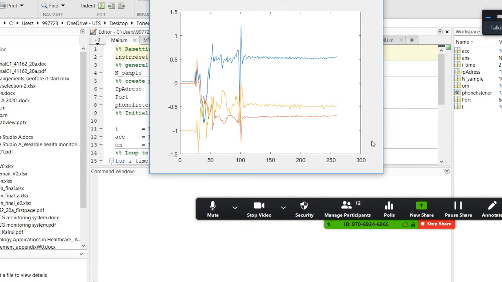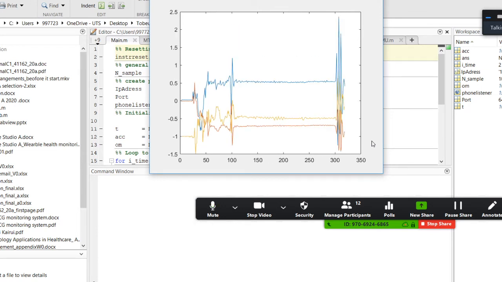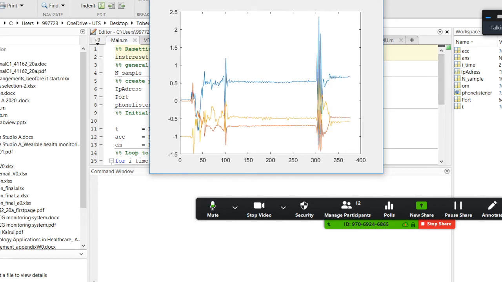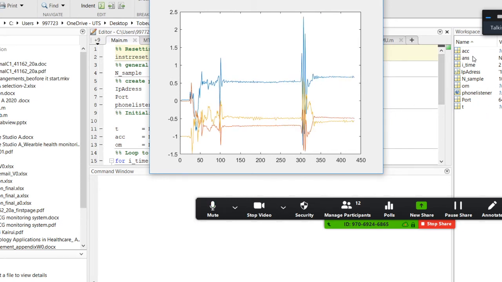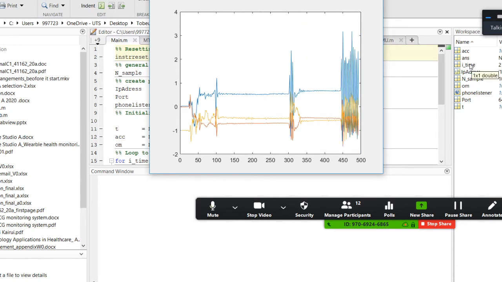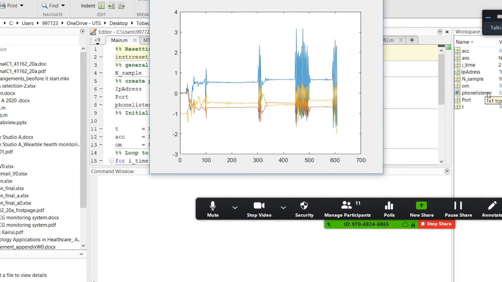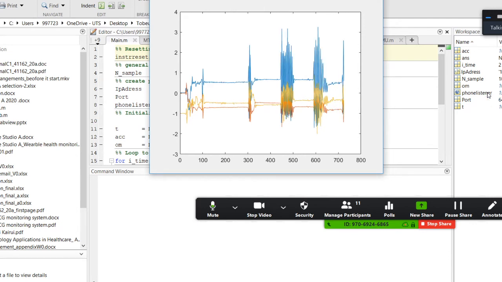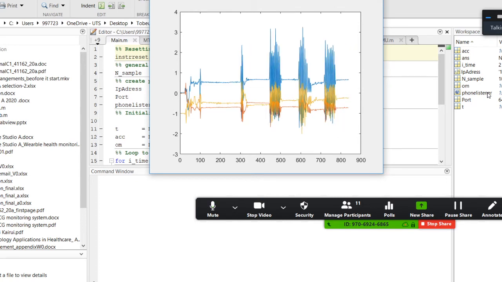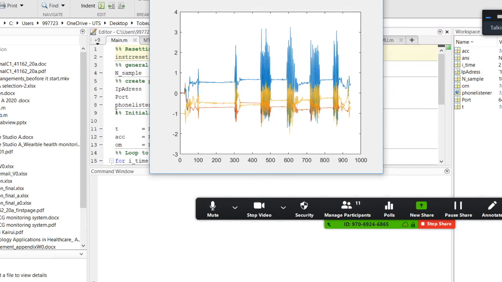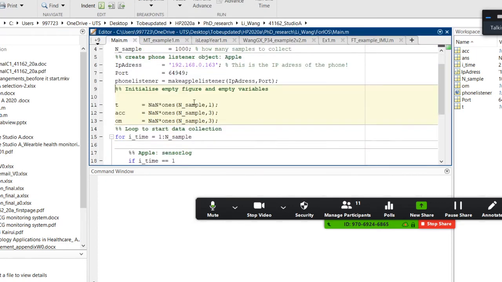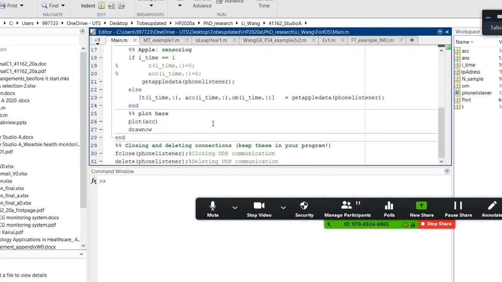Hi Lee. Yes. Did you include the gyroscope signal here, or is it just ACC? There's no gyroscope. But we need to include the gyroscope signal because some groups are doing hand movement detection. For the get Apple data function, you can return the gyroscope data. Here, you can change it to OM.